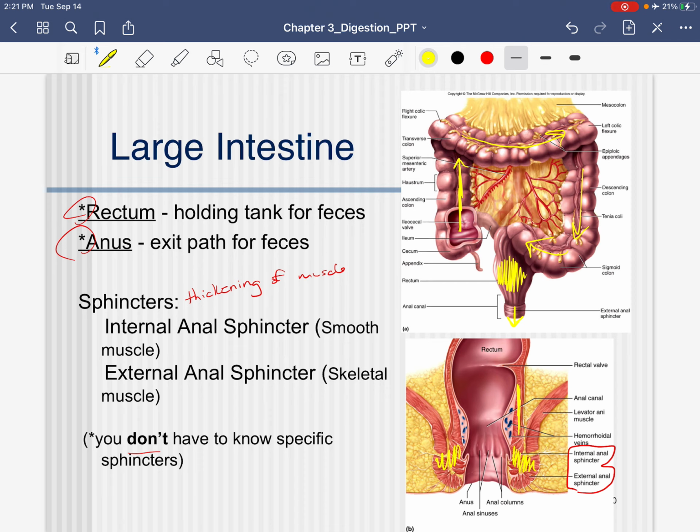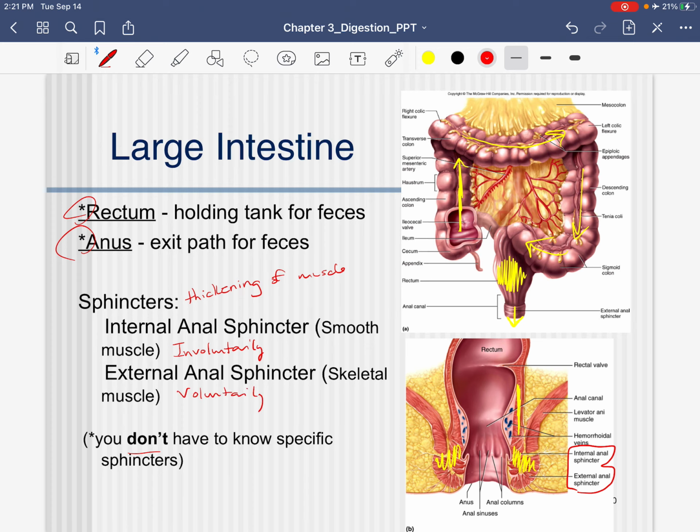What's interesting, and this won't be on your lab quiz, a quiz, or a midterm exam, is that we have an internal and an external one. And guess what? One of them is smooth muscle. Smooth muscle means that it's involuntarily controlled. The other one is skeletal muscle, which is voluntarily controlled.